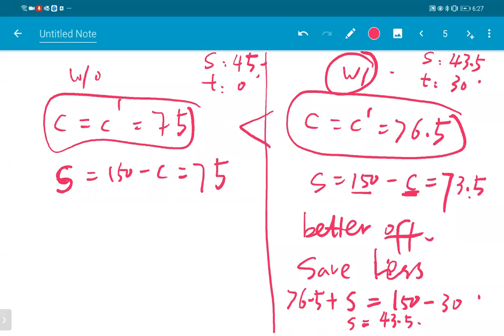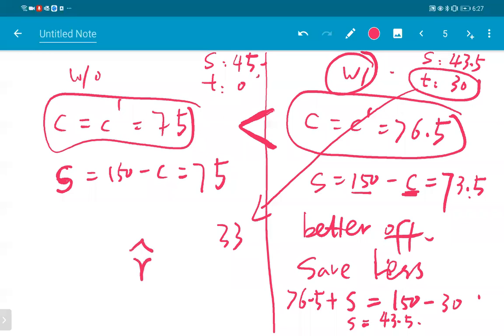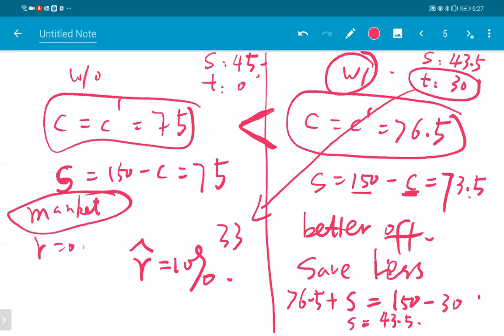But the last question is why does this Social Security make everyone better off? Or why does everyone benefit from it? The secret is the following. Under this Social Security, you pay $30, or whatever the unit is, and when you are old, you receive 33. This implies that Social Security gives you an implicit interest rate of 10%. But in the current model, under the market, we simplify and say the interest rate equals 0.